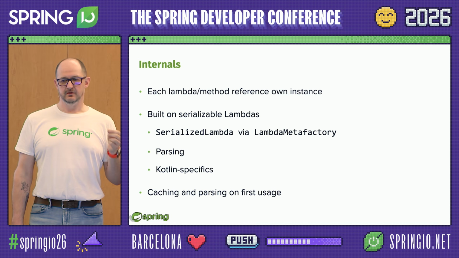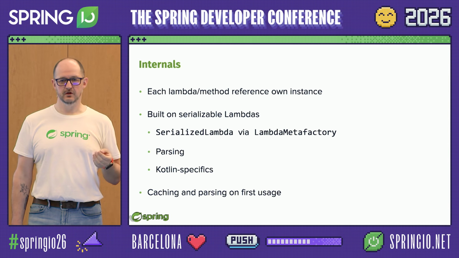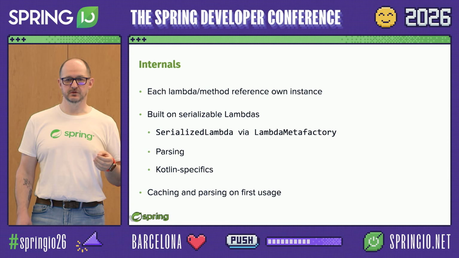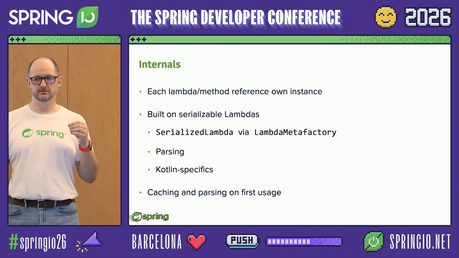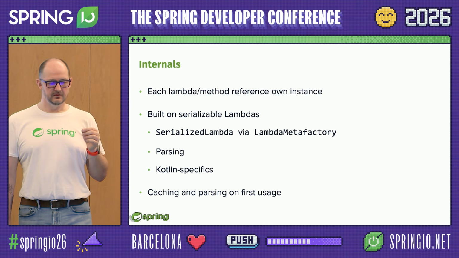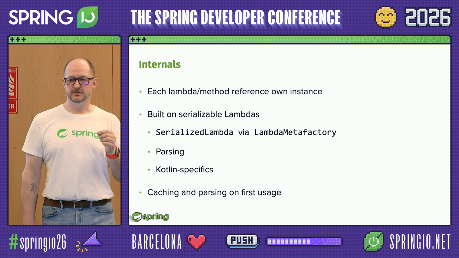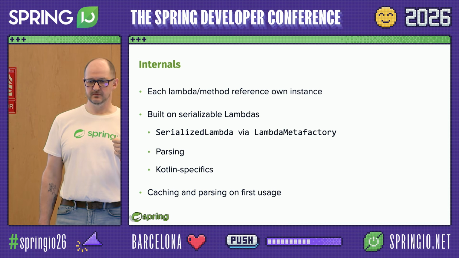And every time we see such a lambda, we first check our internal cache to avoid constant reparsing of those property references, which will give you overall a very decent performance baseline. Clearly, if you start benchmarking your application against the string-based version, the string-based version is going to win in any case, always. But the lambda-based version is close. We are resolving those property paths only once after the very first usage.